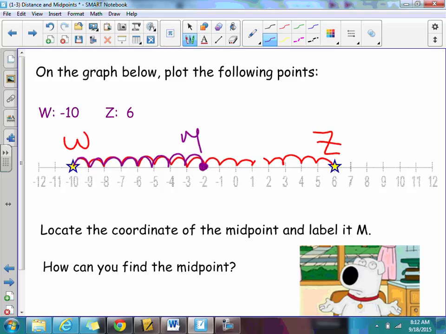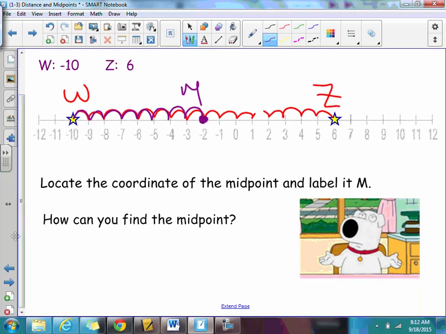Again, here comes the question. If I give you 123 and negative 57, are you going to draw it and count to the middle? No. There's got to be a different way. Does anybody know an easier way, without the drawing, that we could find the middle of two numbers? So he says I should take my two numbers, add them, and divide by 2.